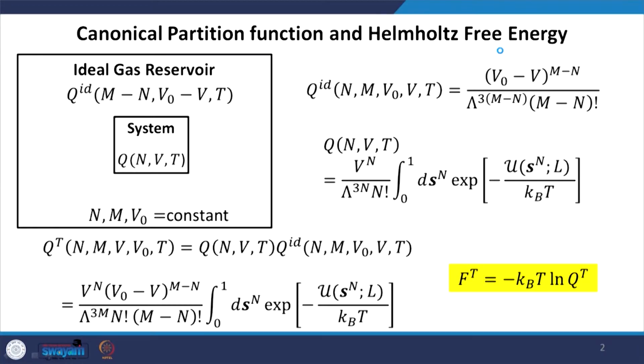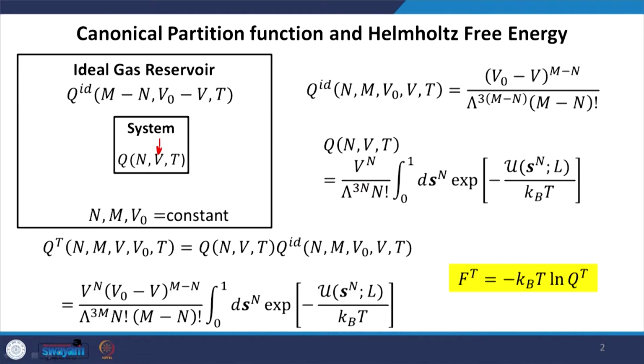So to get the partition function for this particular ensemble in the NPT case, let us first look at the canonical partition function of the system plus reservoir, where I am not looking at the volume change in the system. So I am looking at a particular value of the system volume and a particular value of the reservoir volume.